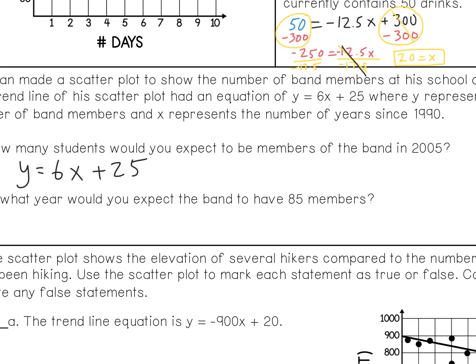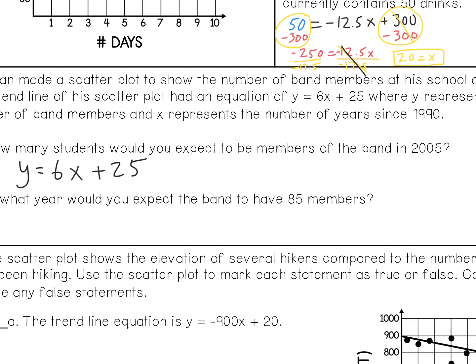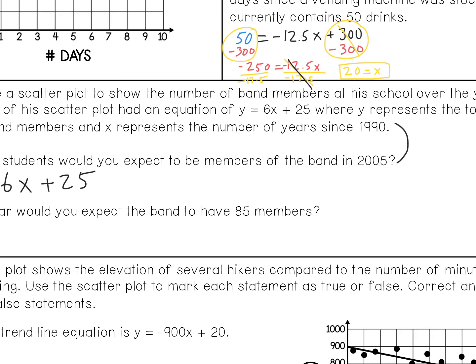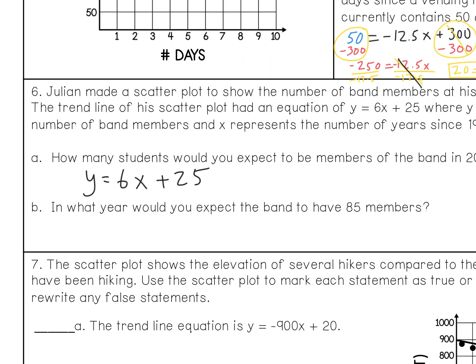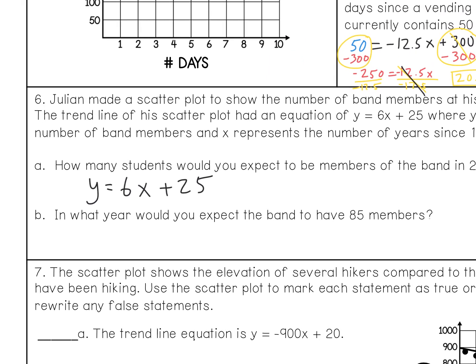Well, first we have to find out the number of years. So how many years has gone by from 1990 to 2005? 15. And so we replace which variable, x or y, with 15? X, because x is the number of years.